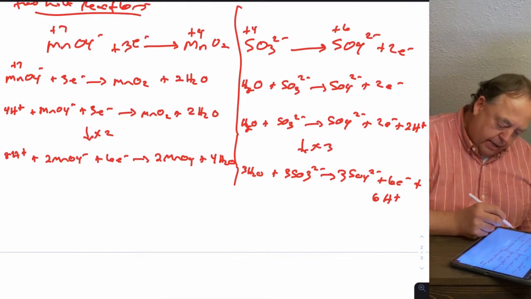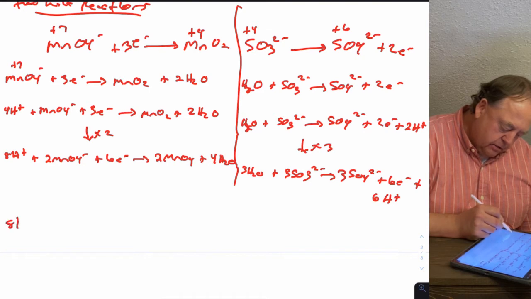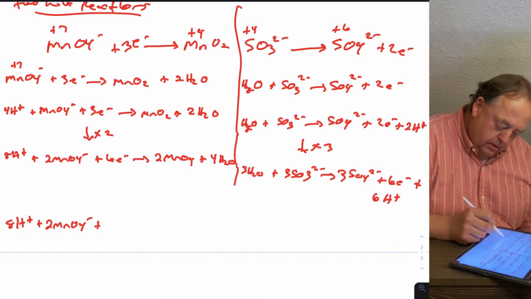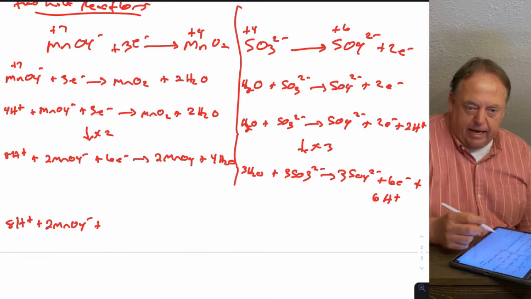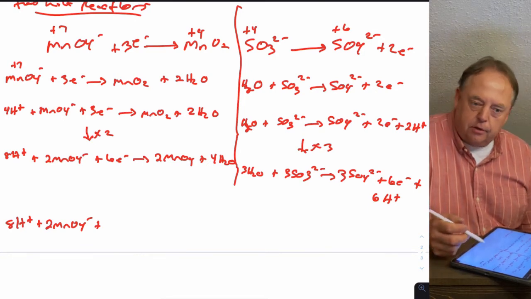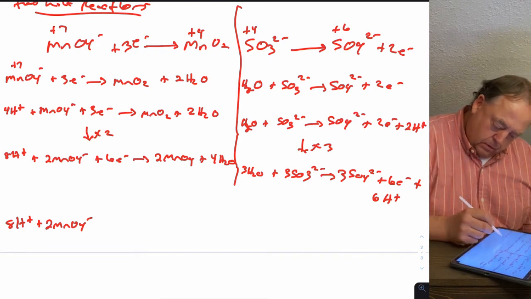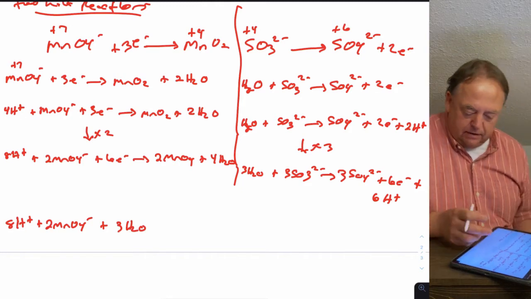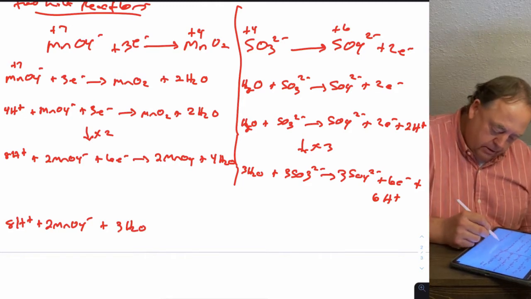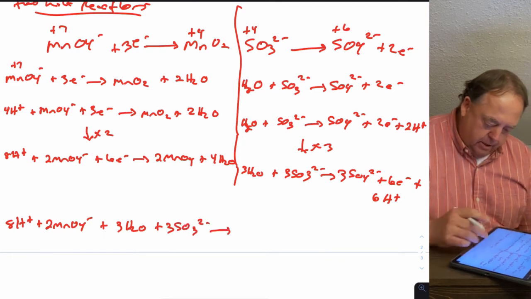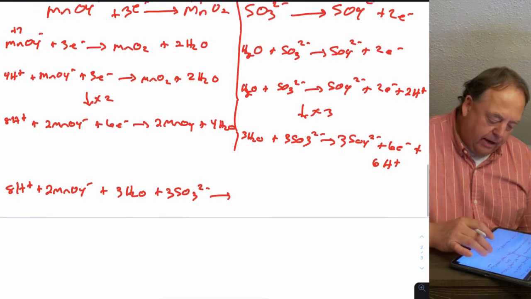So if we combine these 2 half reactions, we have 8H plus 2 MnO4 minus, plus, so the 6 electrons are going to cancel because we have 6 electrons on the left and 6 on the right, so they're going to cancel each other. So plus 3 H2Os. So now we take the left side of the other half reaction and write it. And now we write everything that's on the right of both half reactions.